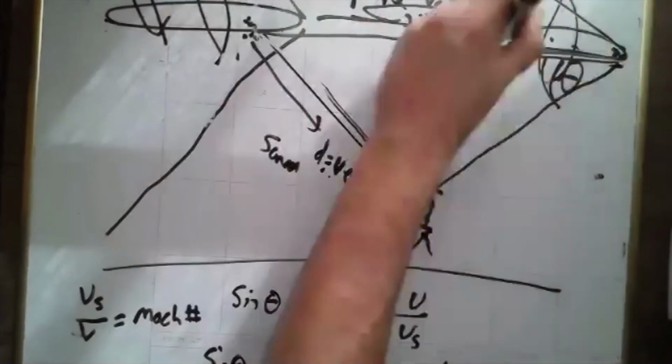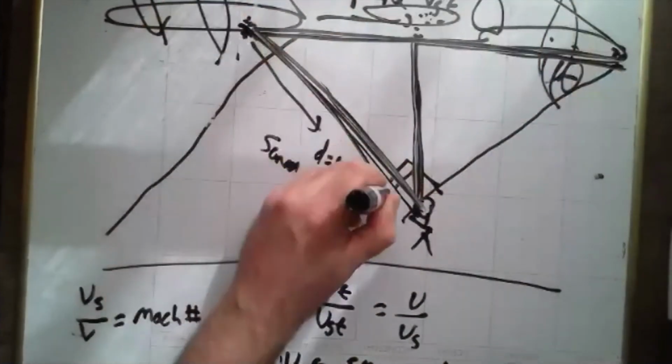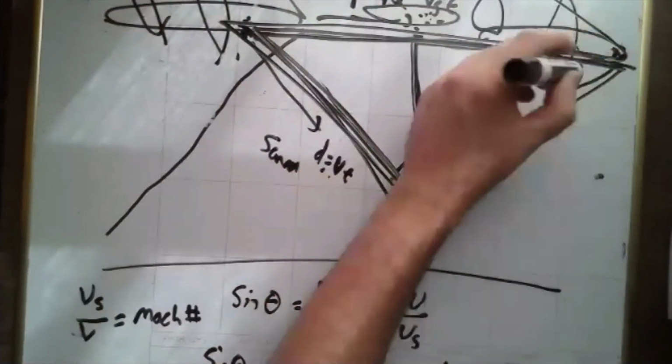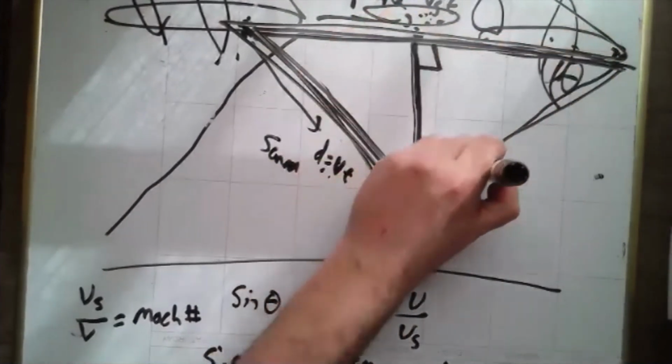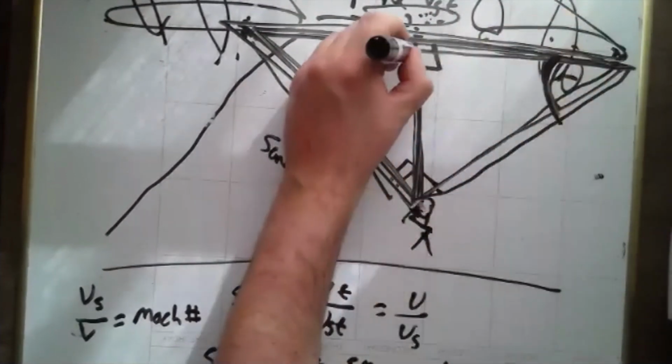Plane moved this distance. This time matches this time. We set up this big triangle to find our angle. Then we set up this little triangle using that angle we just found to find this distance.